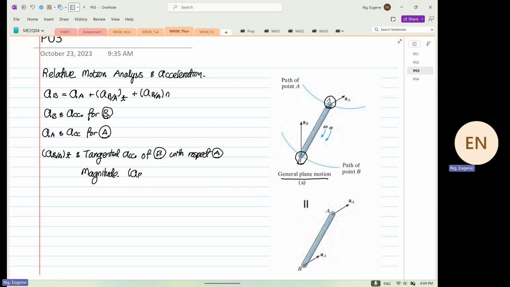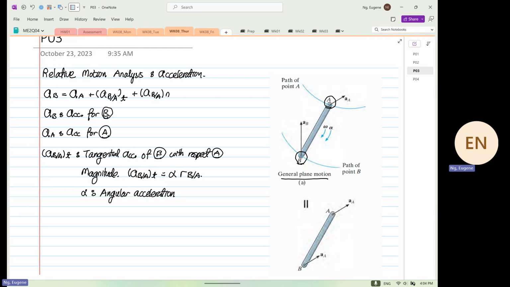So A_BA_T will be equal to alpha R_B from point A, where alpha is the angular acceleration.